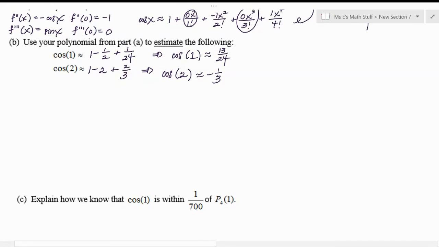So basically, how do we know that the actual true perfect value of cosine of 1 is within 1/700th of that 13 over 24 that we got up there when we plugged 1 into that 4th degree polynomial? Give it some thought. Check in with me in the next video.